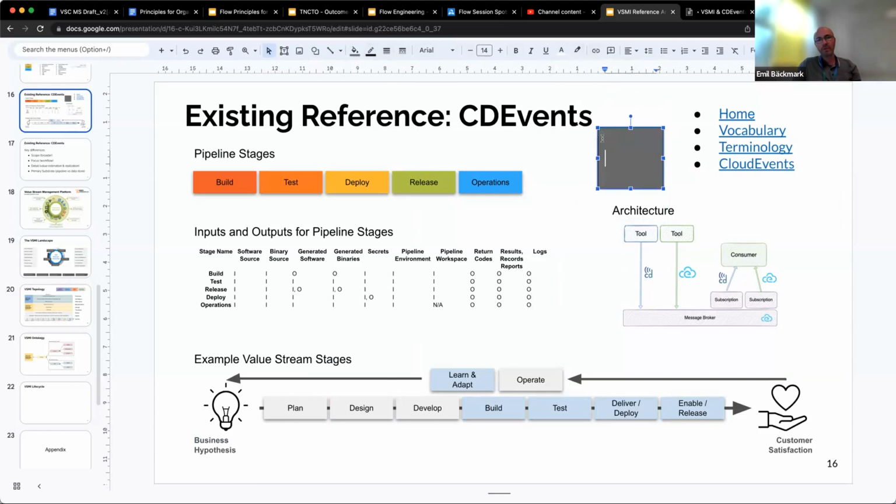So could it be fair to say that the entities or the model up there is more of the subject onto which we perform some action, and the action is what we call a predicate in CDEvents? Is that fair?